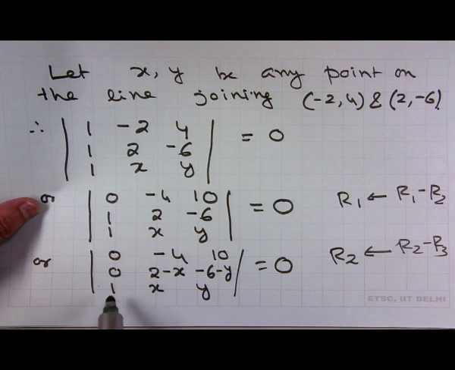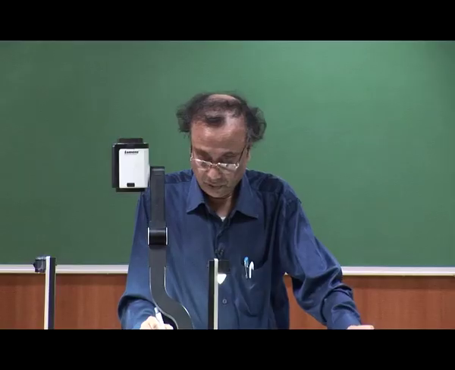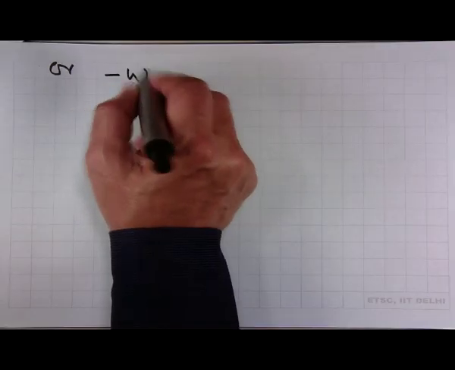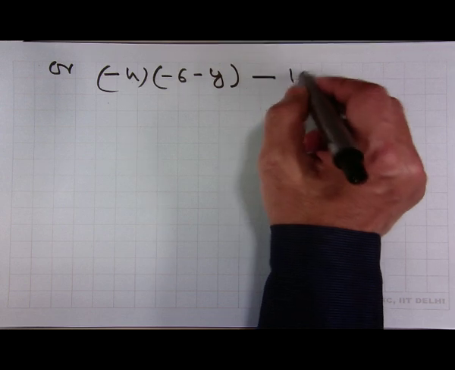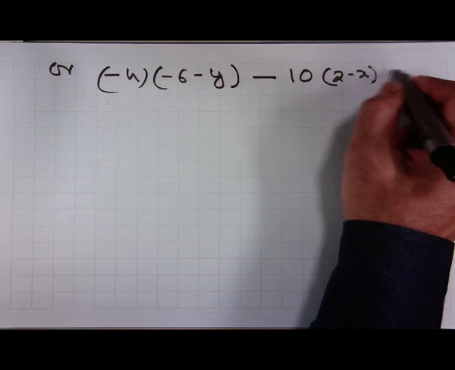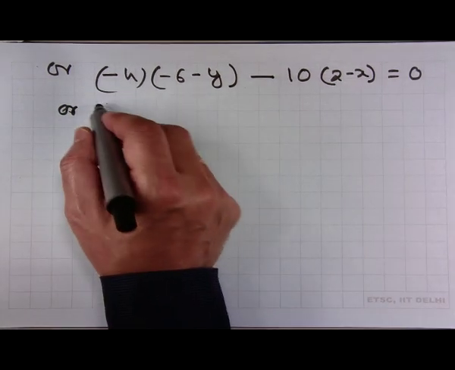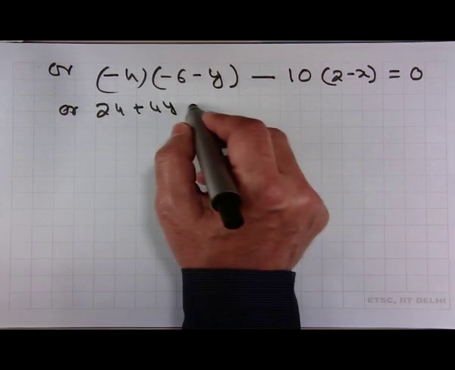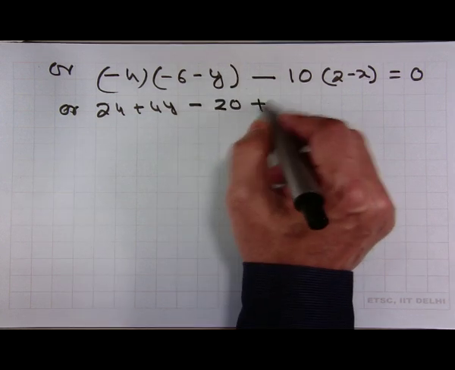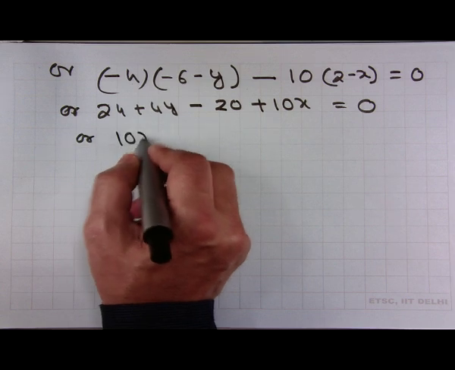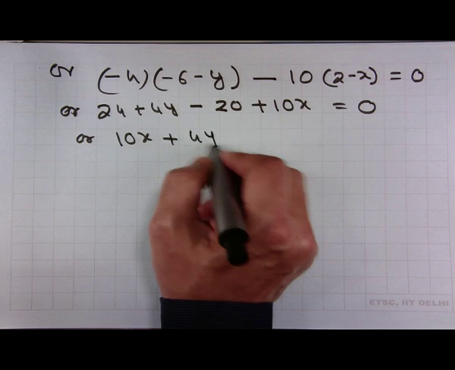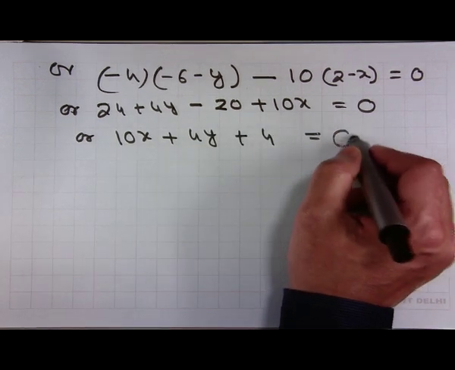Now, what is the determinant of this matrix? This is actually the determinant of the 2 by 2 submatrix, or minus 4 into (minus 6 minus y) minus 10 into (2 minus x) is equal to 0, or 24 plus 4y minus 20 plus 10x is equal to 0, or 10x plus 4y plus 4 is equal to 0.